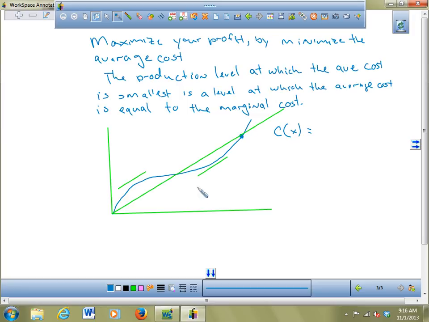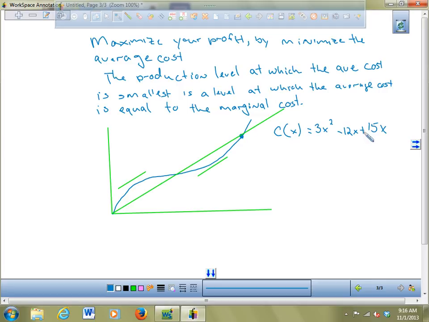So say you have a C of x equation given by, and apparently these can be modeled pretty well with cubic functions, 3x squared minus 12x plus 15x. So here's your cost equation.